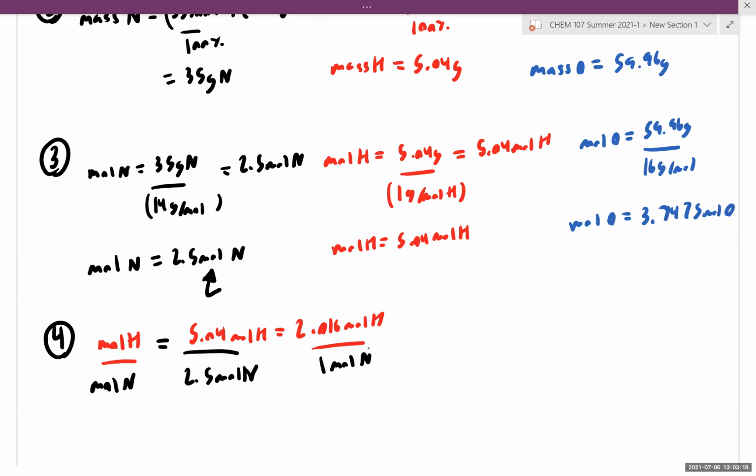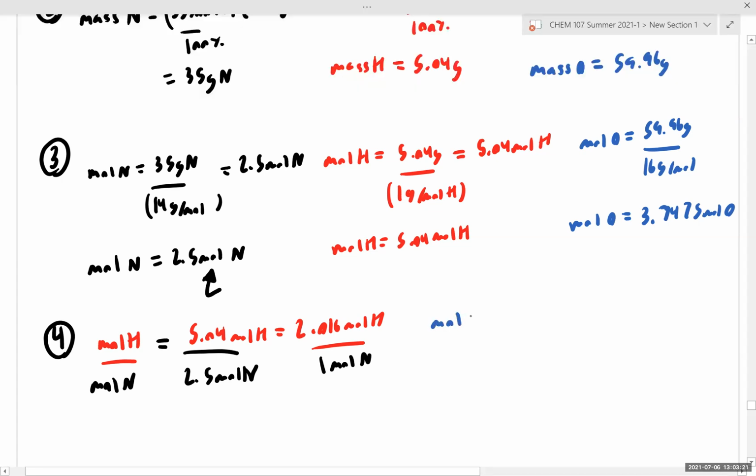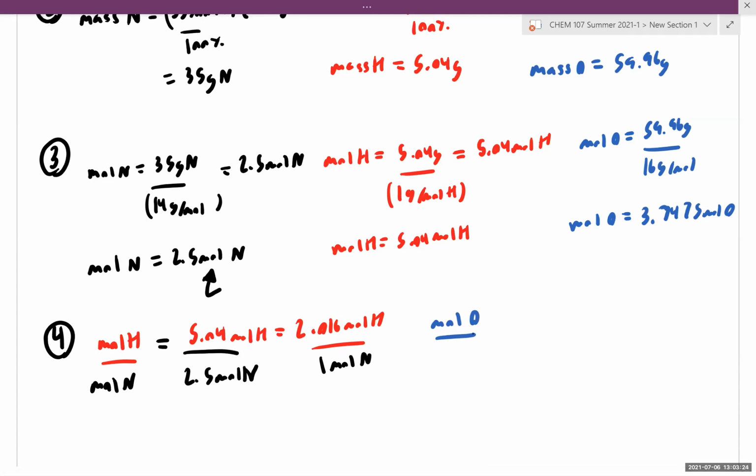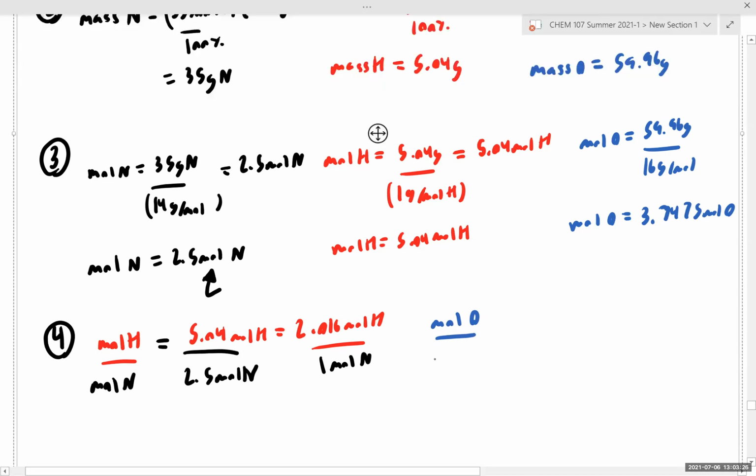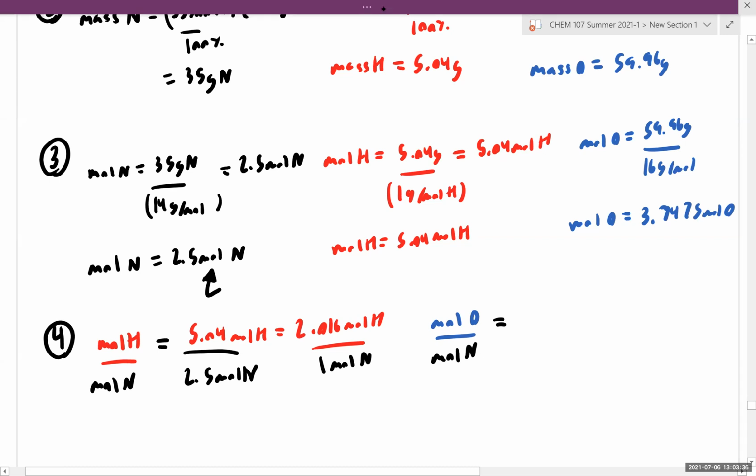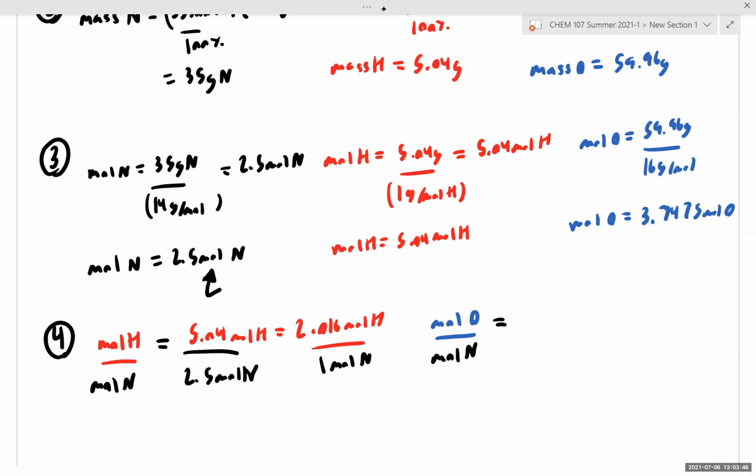Okay, what about the mole to mole ratio involving oxygen? How many moles of oxygen do we have per mole of nitrogen? What's our mole to mole ratio? About 1.5, right?